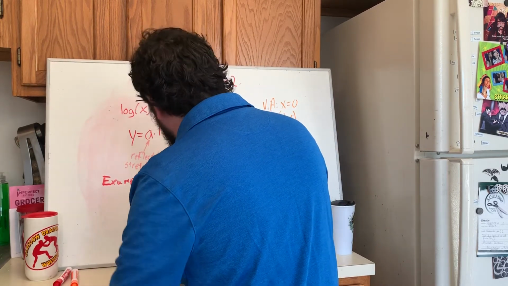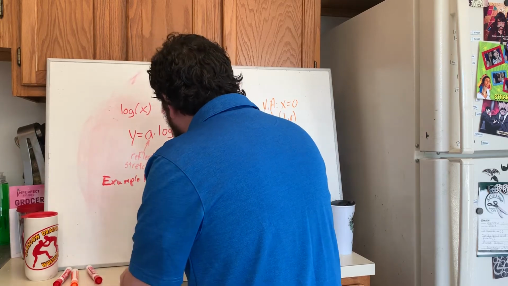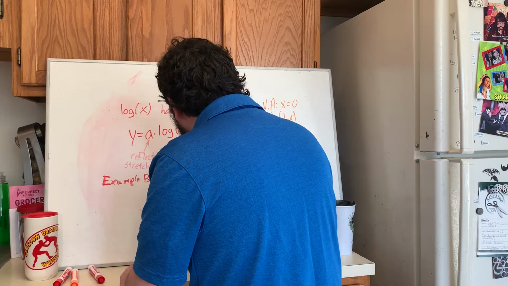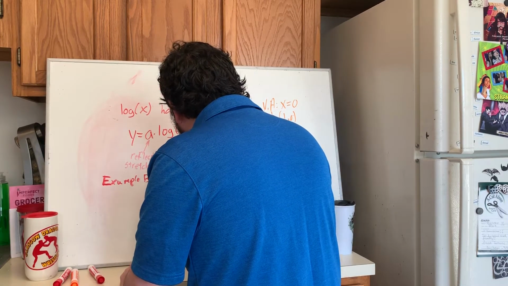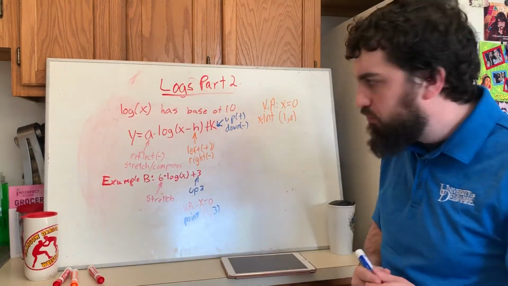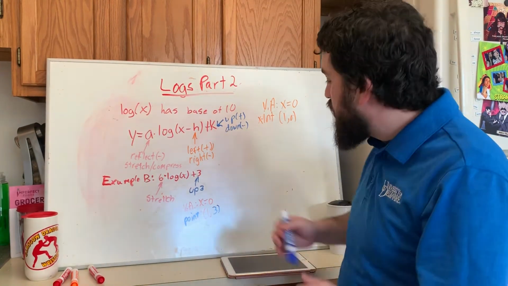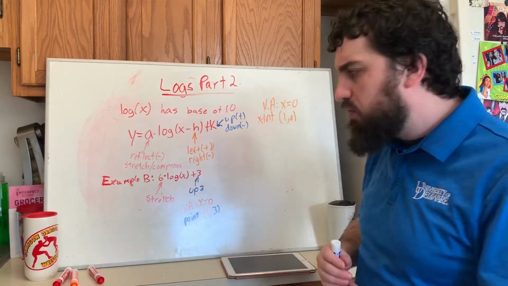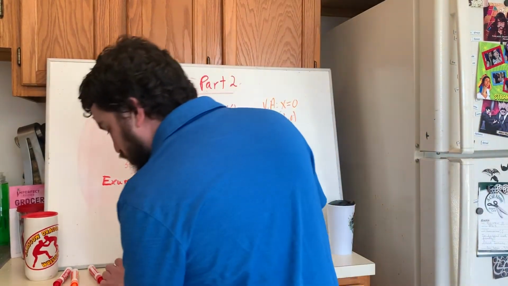So I'm going to call that 1, comma 3. The x-intercept got moved from 1, 0 to 1, 3 just by a vertical shift upwards.